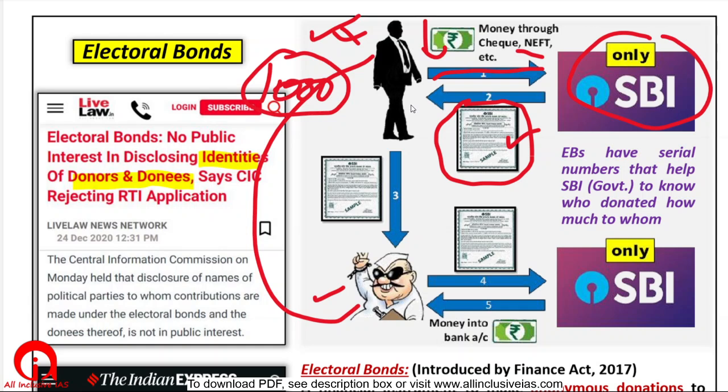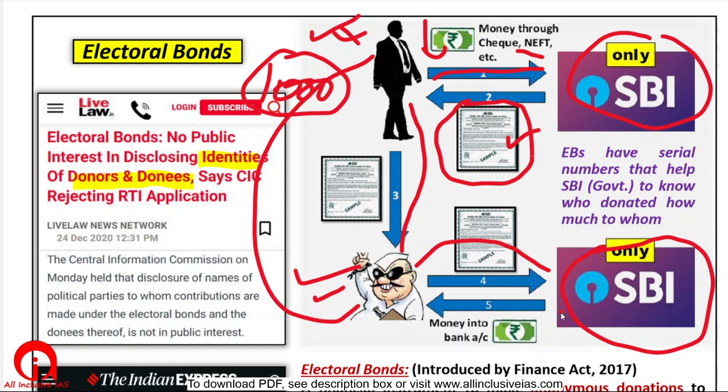Ambani ji will hand over this electoral bond to the politician. The politician will hand over this electoral bond to SBI, only SBI, and SBI will give that money into Netaji's bank account.